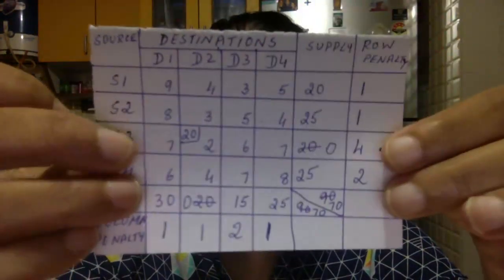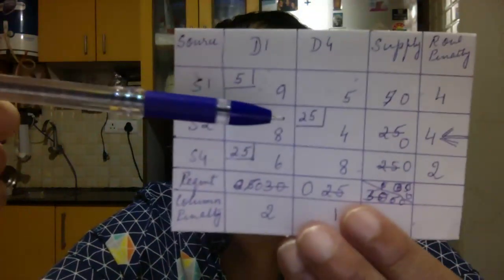We will do the allocation, we'll check the allocation one by one. This is our first allocation, 1. Next, 2. Next, 3, 4, 5. We have 4 columns and 4 rows. 4 plus 4 is 8. 8 minus 1 is 7.